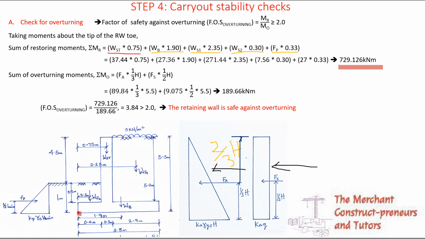So the same thing here. This is how we arrive at this. So when you add all these things together, multiply and add together, you get this value.